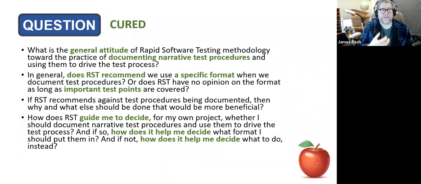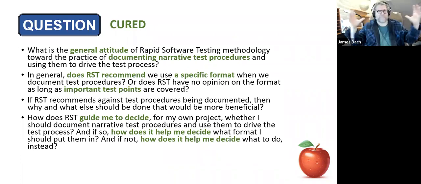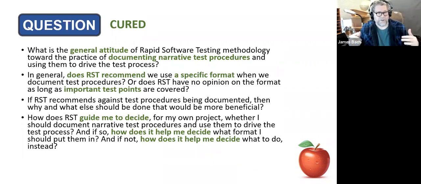By narrative test procedure, I mean a kind of procedure which proceeds step by step, where each step flows into the next. Because you could have a documented procedure which is not narratively documented. It is in a tabular form, and it lays out some variables, and then you have a model in your head that turns that into a specific thing to do.